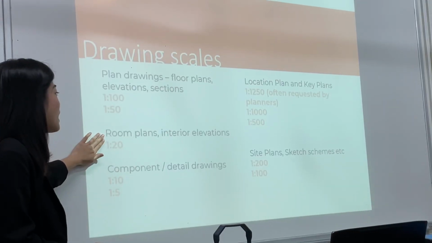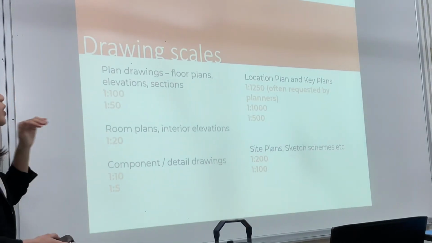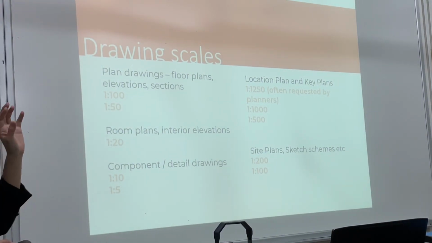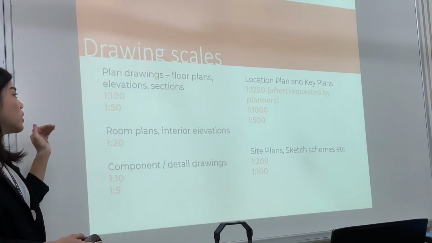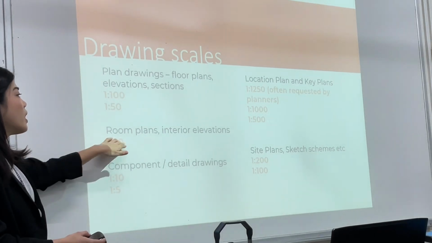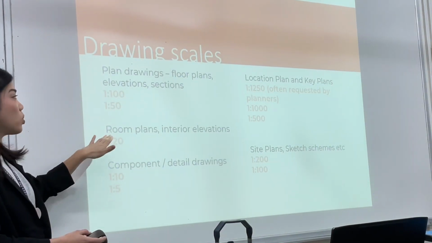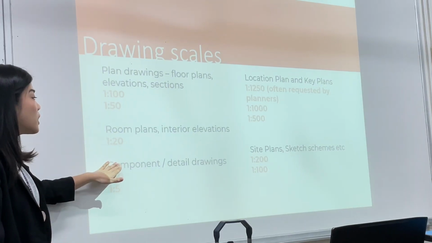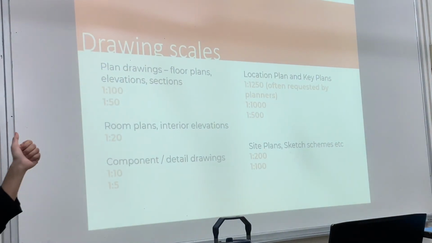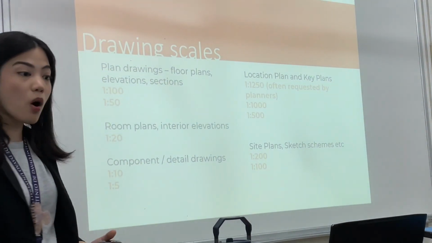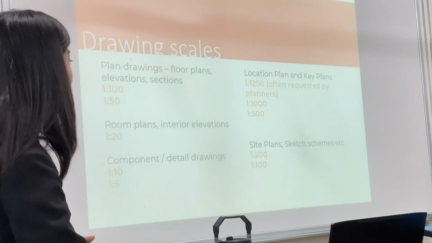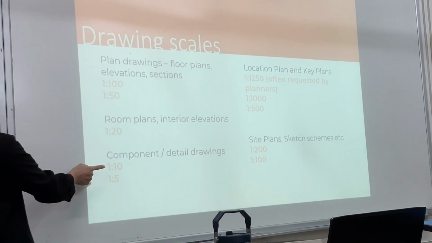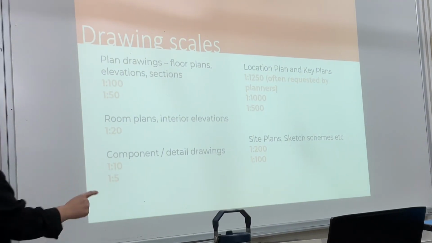For room plans and interior elevations, we need to see the ceiling height and the types of furniture, so we need bigger detail. That's why we use a bigger scale too. So 1:20, 1:50. For component detail drawings like details of a table, how is its connection detail? It really needs to be big. So we use 1:10. 1:5 is very big.